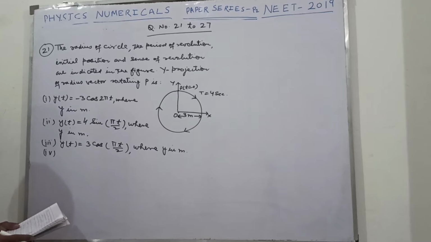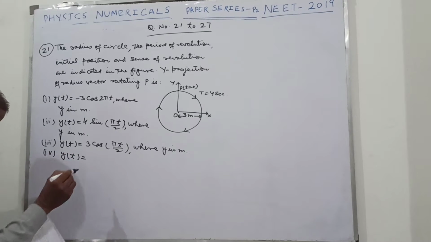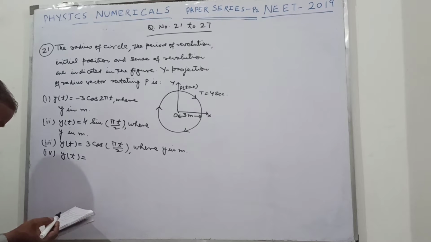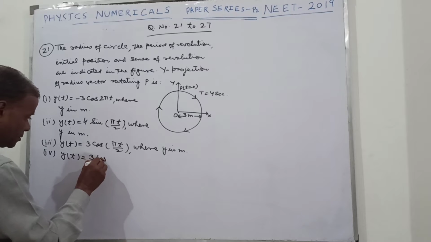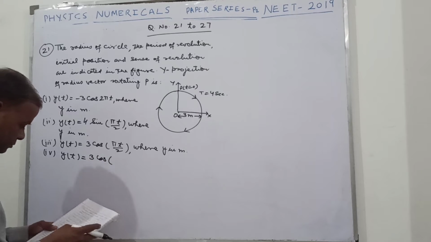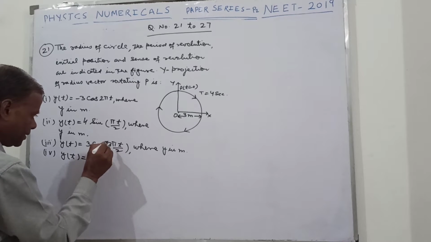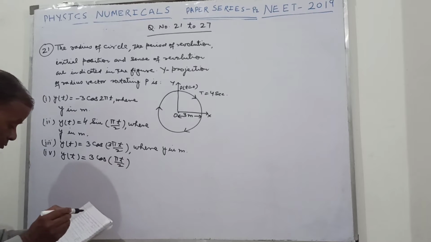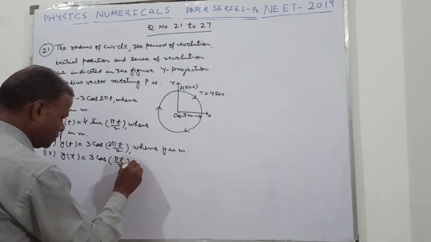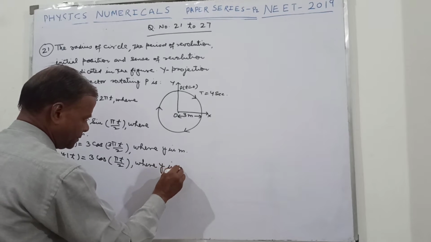And fourth option, y(t) equal to 3 cos(3πt/2), where y is in meters.